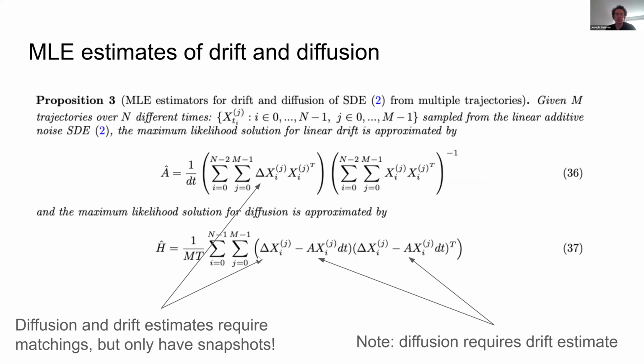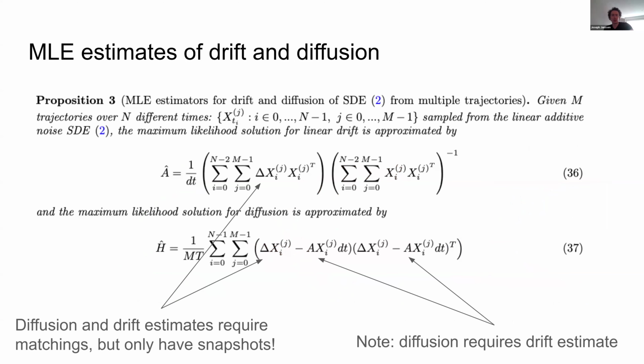So we have to figure out a way to make these connections from one marginal to another by connecting these simulated particles. Also, I'd like to note that in the maximum likelihood estimator of H, we have this A term, so we actually have to estimate A hat before we even start to estimate H.